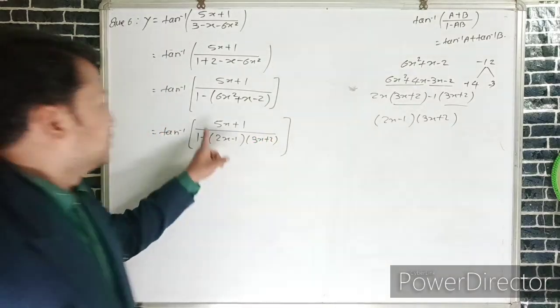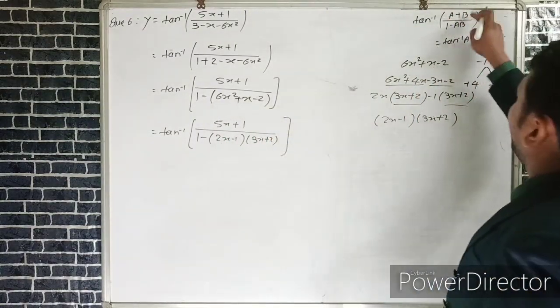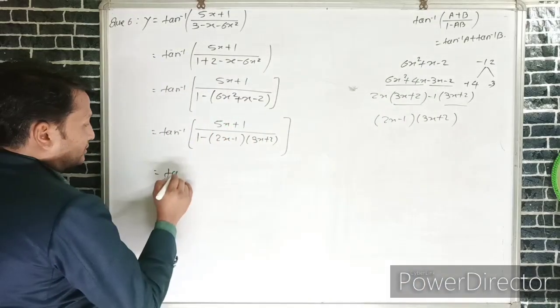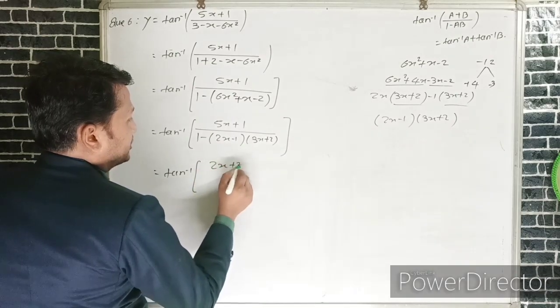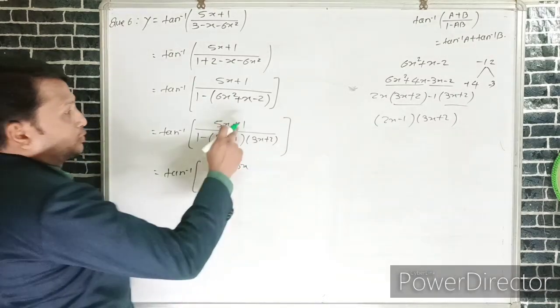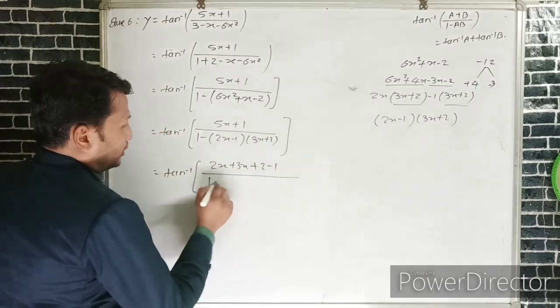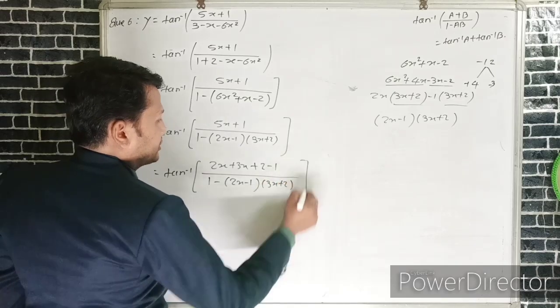Again we can convert this a and this b, 5x plus 1, into this form a plus b. We know that 5x we can write as 2x plus 3x. This one we can write as 2x minus 1 upon 1 minus 2x minus 1 into 3x plus 2 as it is.